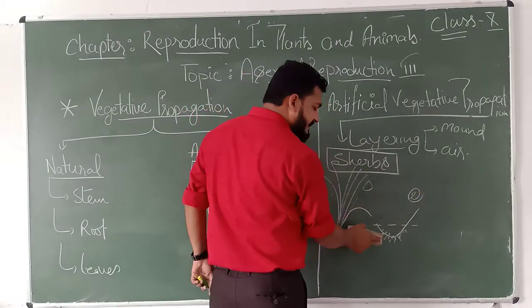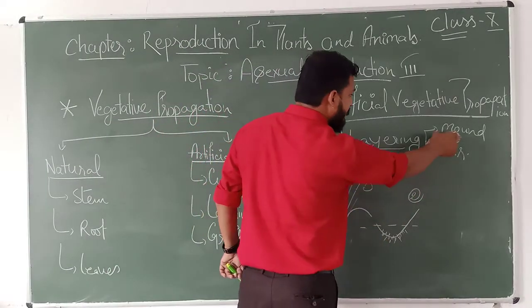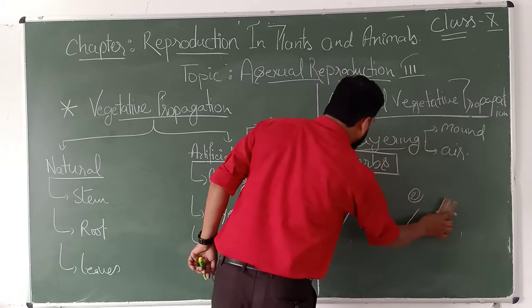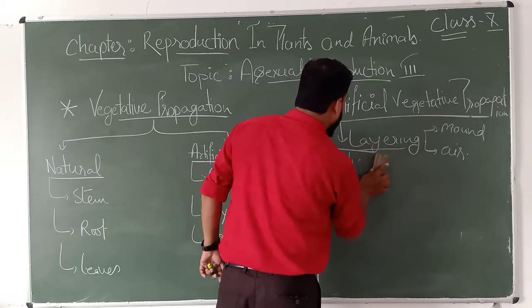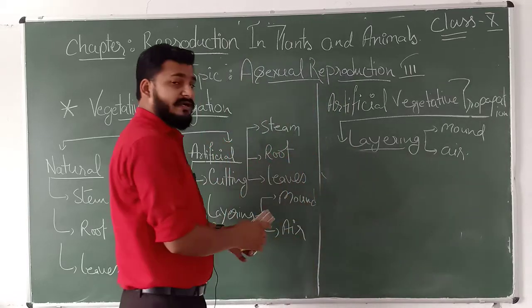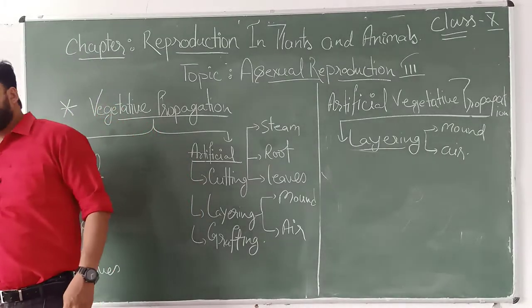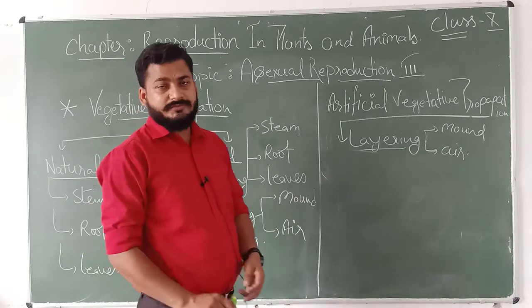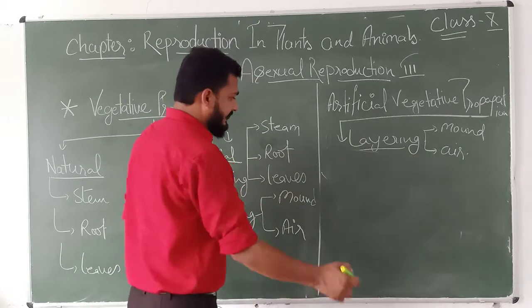Then air. We are going to do the same thing but in air. This time we have done it in the ground, and this time we are going to do it in air. This is for those shrubs which don't have that much flexibility.